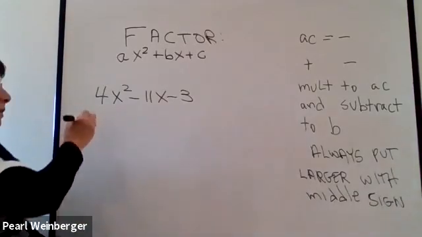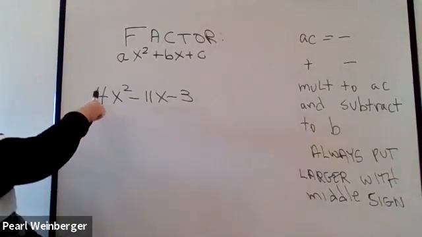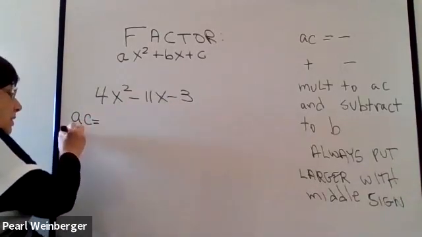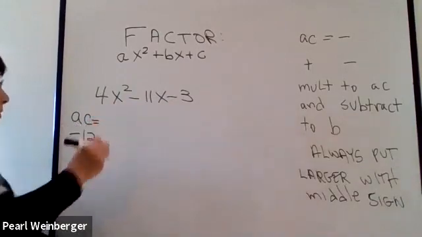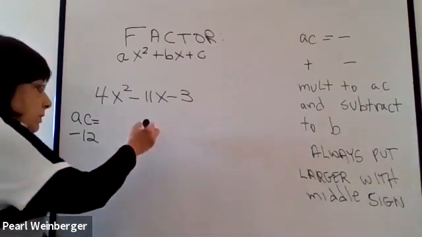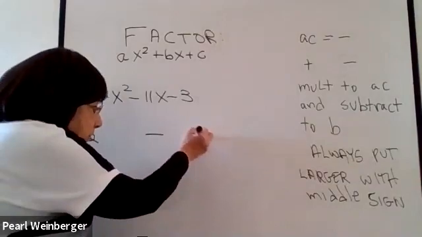Okay, the first thing I have to do is figure out what my AC is. And my AC is 4 times negative 3, which is negative 12. It's negative, which right away tells me that one of my numbers is going to be negative and one of them is going to be positive.